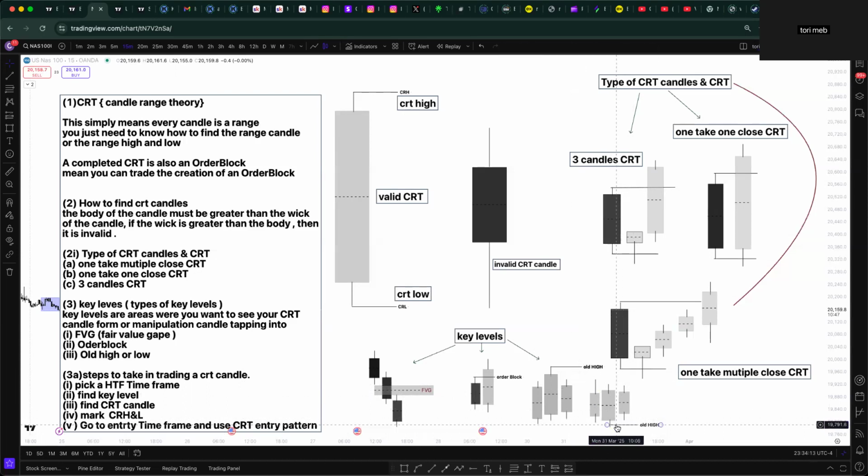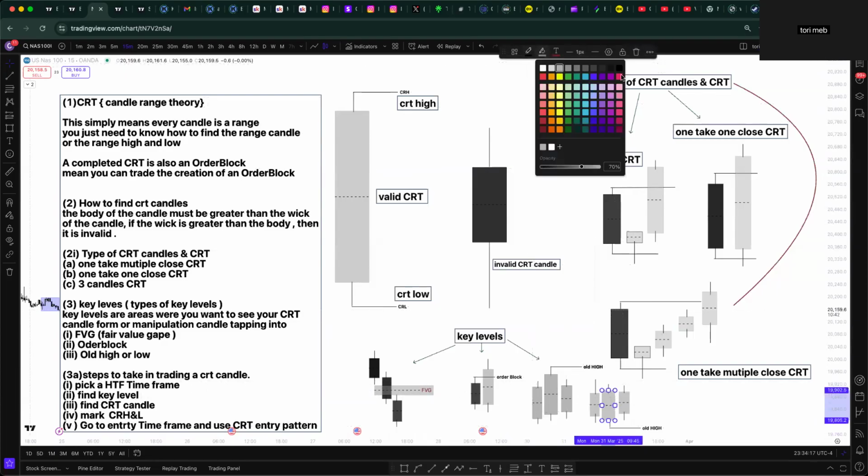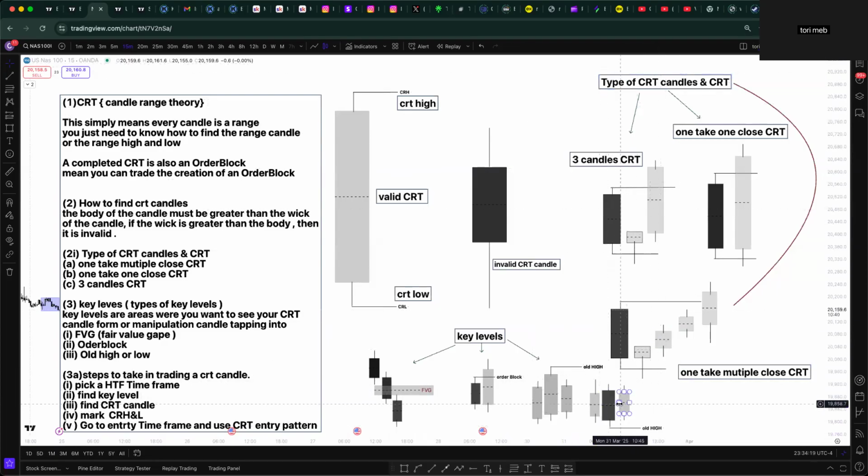Sorry, I just want to show you guys what the old low looks like so you don't get confused.